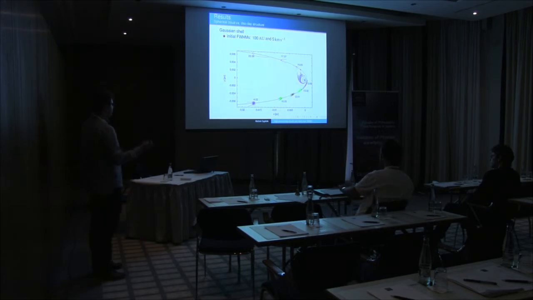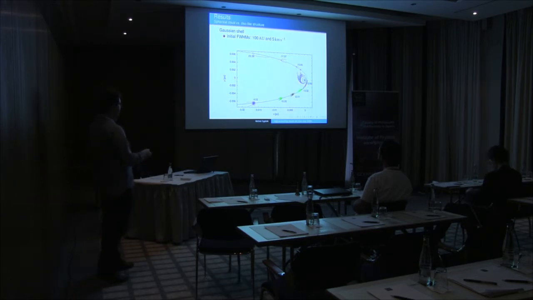Then we also compared the geometry. This is for a Gaussian shell around the star with this initial full width at half maximum. For the Gaussian distribution, the cloud is not so affected by the star, and most of it is captured.